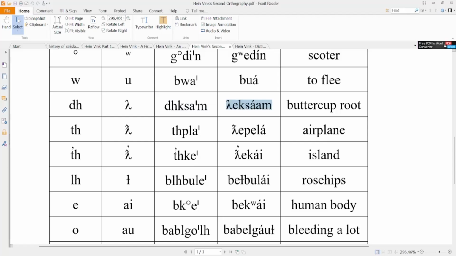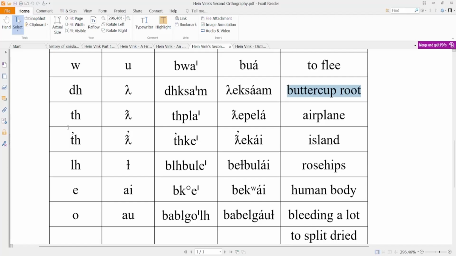And this is the hybrid equivalent using the lambda symbol instead of the DH, and also an E in between the lambda and the K, whereas we have a series of three consonants in a row, which gets a little bit visually confusing. So the hybrid spelling is clearer, and tliksam means buttercup root or silverweed.